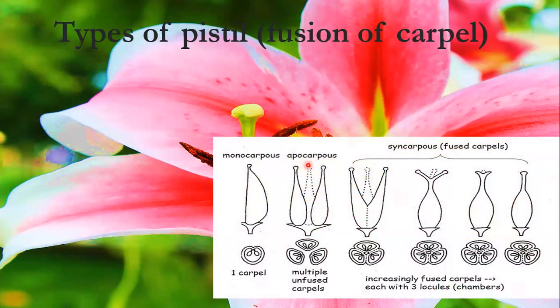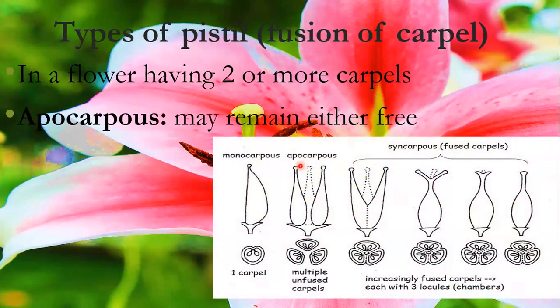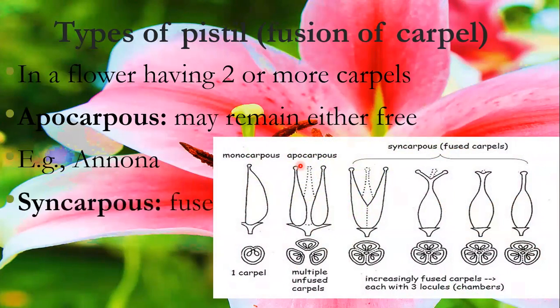If they are not fused with each other, we call it apocarpous. In a flower having 2 or more carpels, if the carpels are free, we call it apocarpous. Examples are Annona, Michelia, Champaka, Sampangi, Aka. Grapes are also an example for apocarpous.